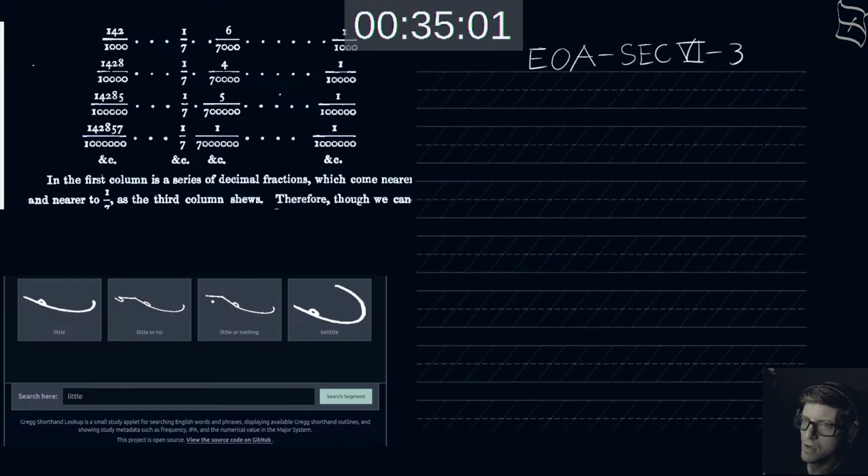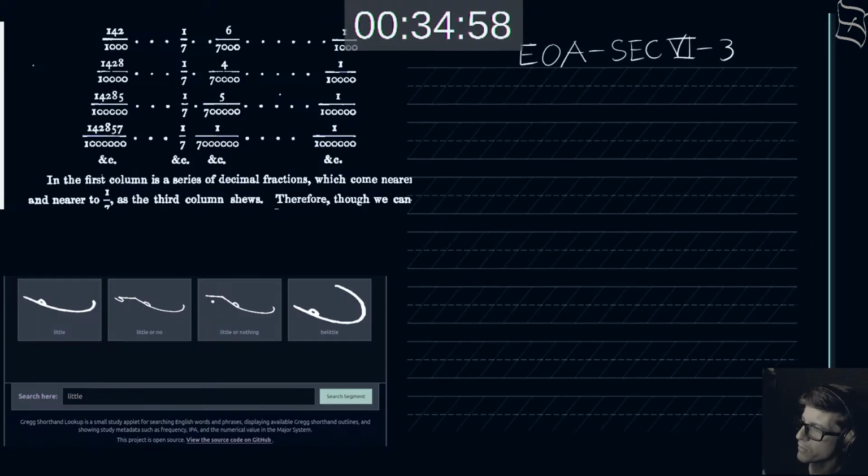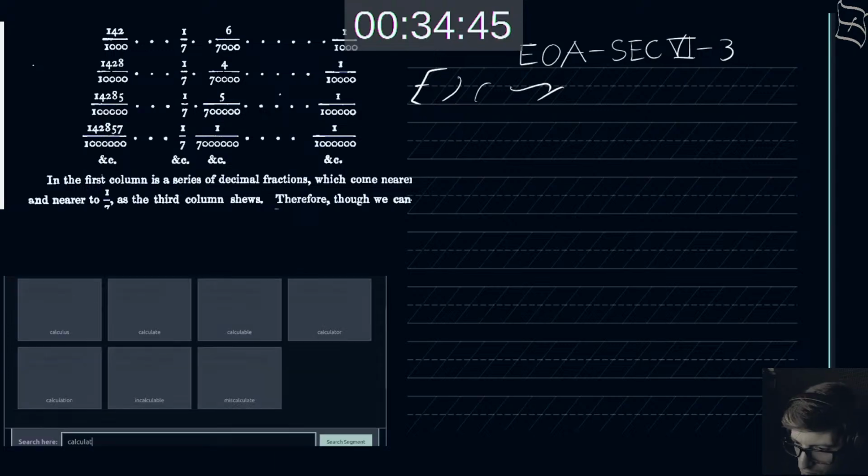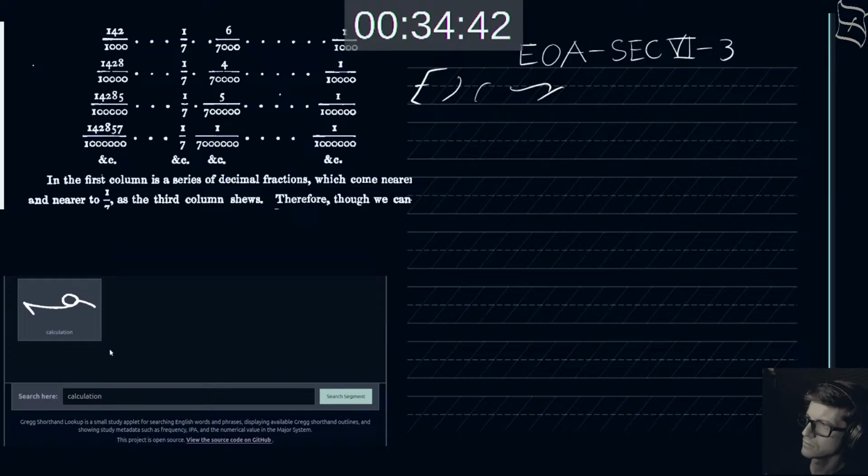And I will say here, for figure, square brackets, for the worked calculation, let me check the word calculation. Consult textbook. For the worked calculation, consult textbook.